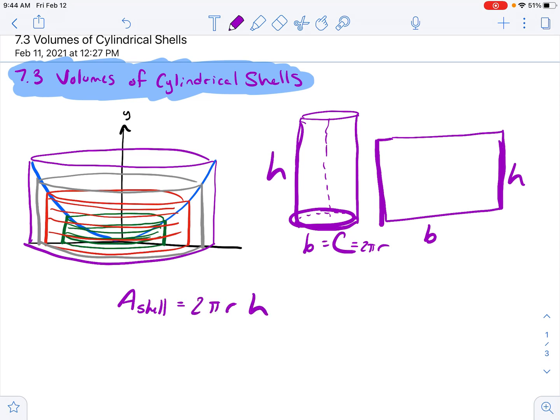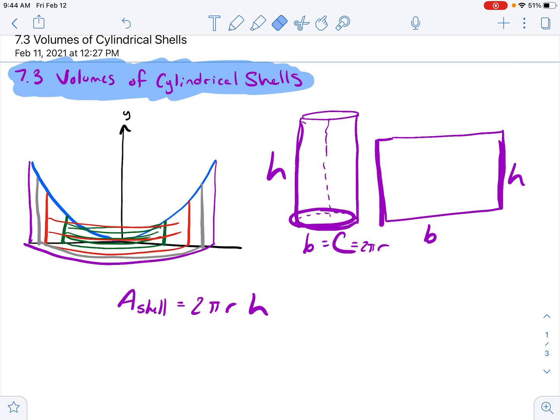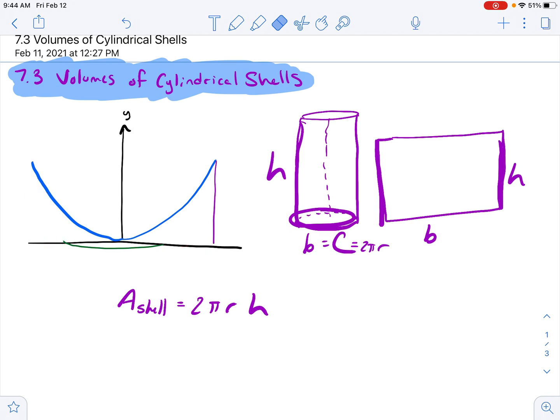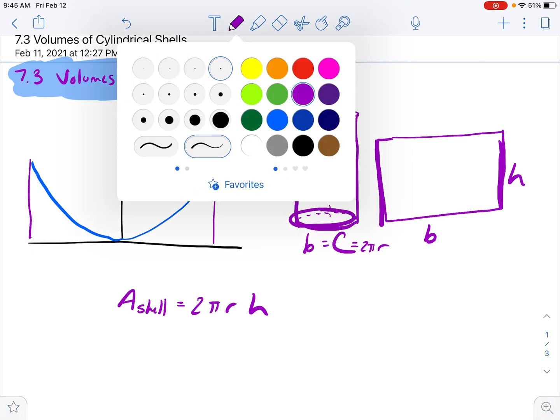Now, in terms of relating this back to some arbitrary function, let me clean this up a little bit. Here's our mirror image, and let me draw one of these in.